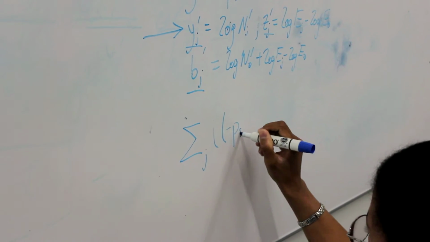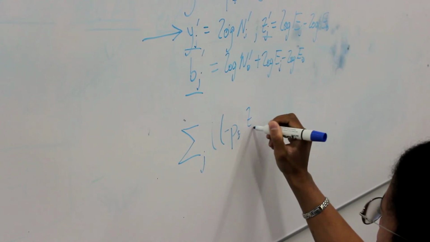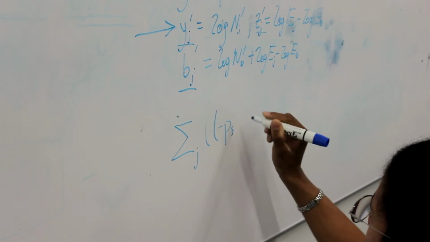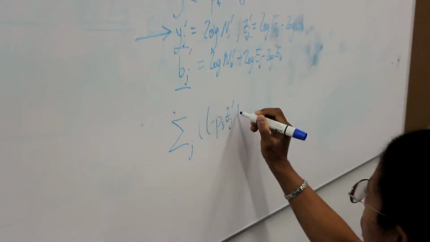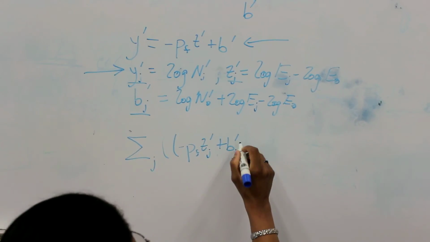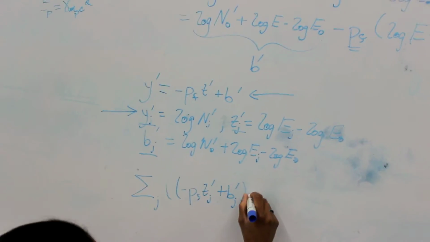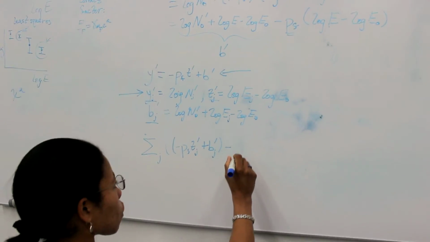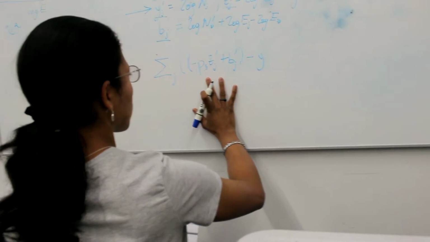This is the line, minus pf times T J prime plus B J prime.